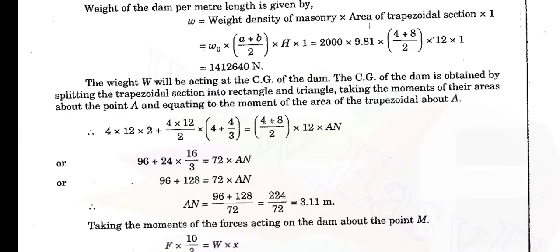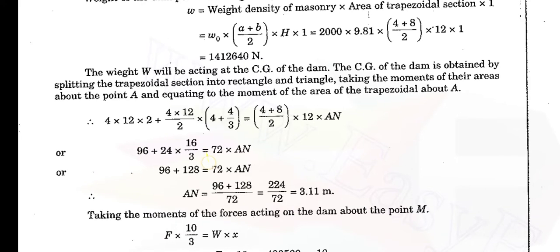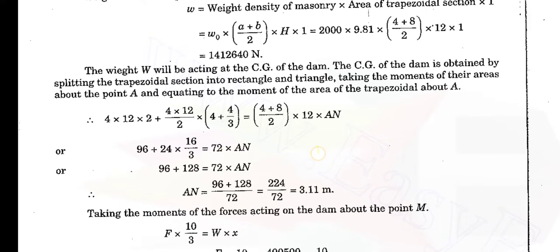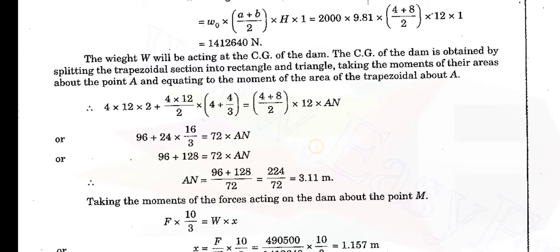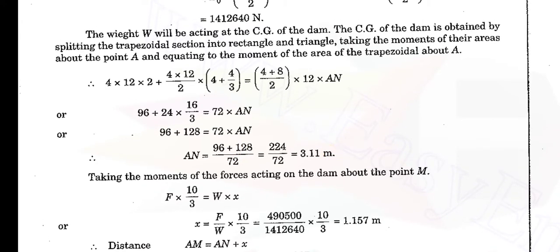This is the total weight. Then we have to find the AN distance. It is given by the CG formula for a trapezoid with a vertical face: (A square plus AB plus B square) divided by 3 into (A plus B). Substituting there, the AN distance is equal to 3.11 meters.